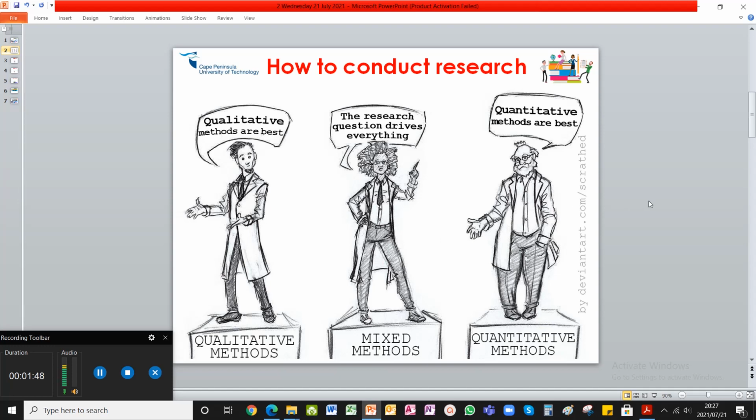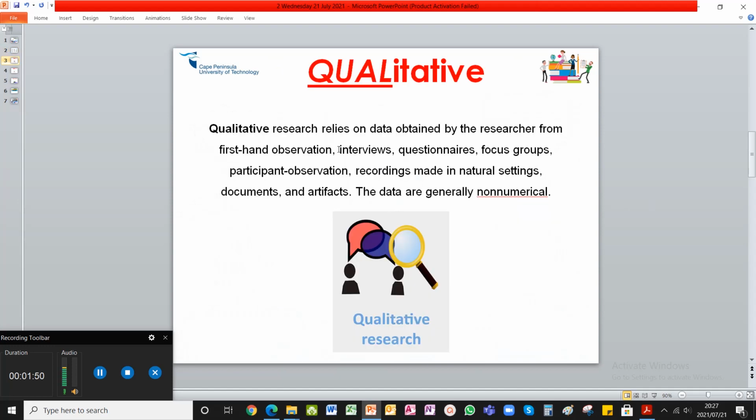Are you using academic language? Okay, so if we look at each one, qualitative data, just think of quality. This relies on data that is obtained first hand, right? Remember, in one of our lessons we spoke about 2 types of data, primary and secondary. Primary is first hand data, secondary is books, journals, articles, a literature review.